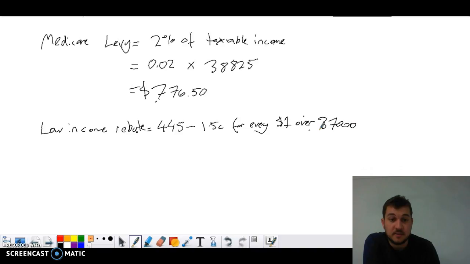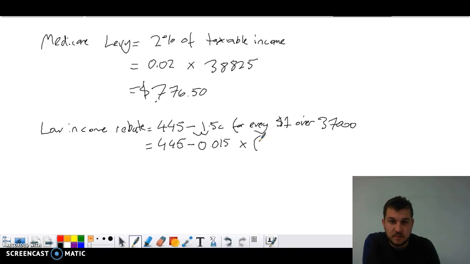That looks familiar, doesn't it? It's the same thing as when you're doing normal tax, it's just changing the front. So you have 445, take away 1.5 cents in dollars. Remember, move that 2 places, so it's going to be 0.015 times every dollar over 37,000.